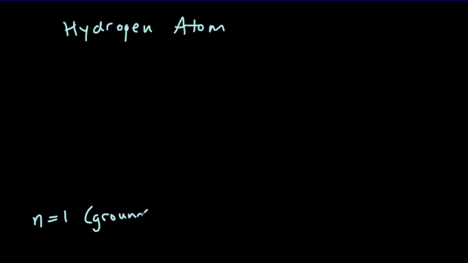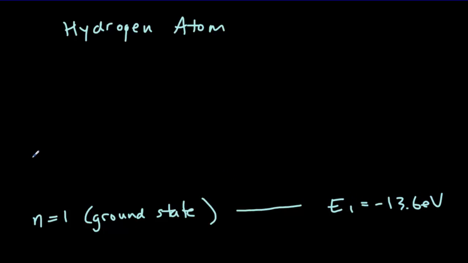In fact, for a hydrogen atom, the energy levels look like this. In the first energy level, n equals 1, also called the ground state, the energy is negative 13.6 eVs. For n equals 2, as we said, it's equal to negative 3.4 electron volts.